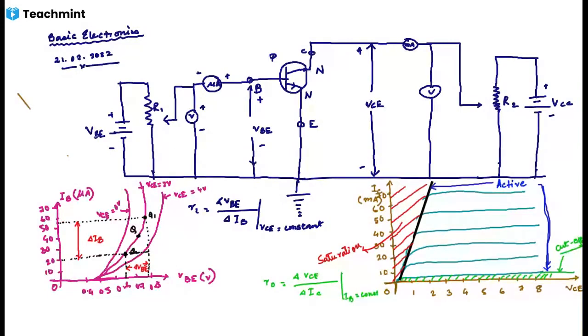The output characteristics may also be used to calculate the DC current gain beta and the AC current gain beta 0. So beta equals IC by IB, and this is the DC current gain.